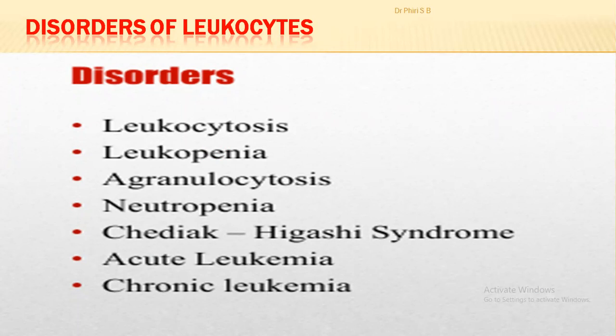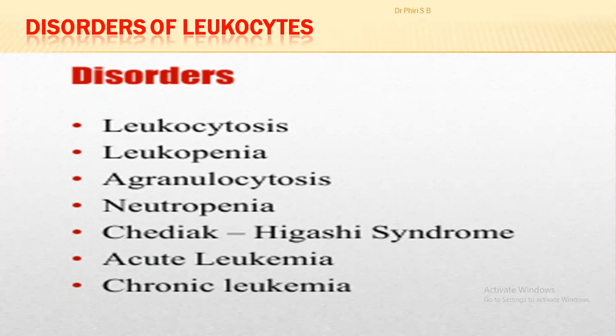In Chediak-Higashi syndrome, it's a disease that mainly affects children. It's a very rare disease. It's an inherited, complex immune disorder that usually occurs in childhood.